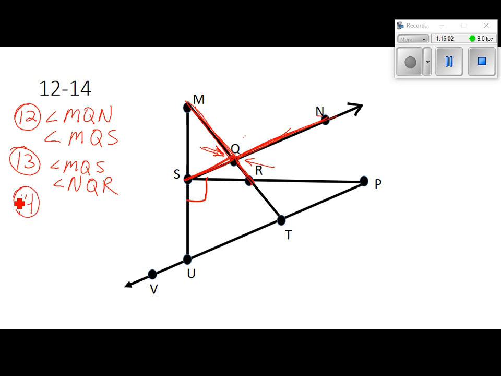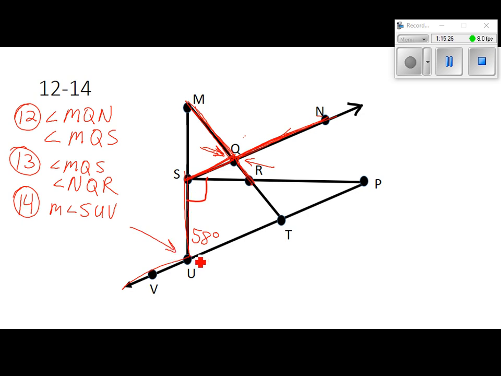And 14 says find the measure of angle SUV. So I'm guessing that they told us something over here that I didn't put in my picture, and it was that angle right there is 58 degrees. SUV is this angle. That angle right there.